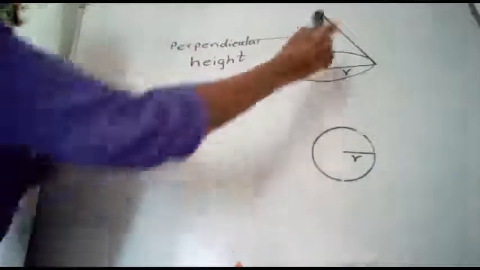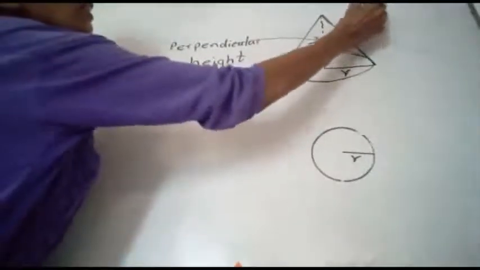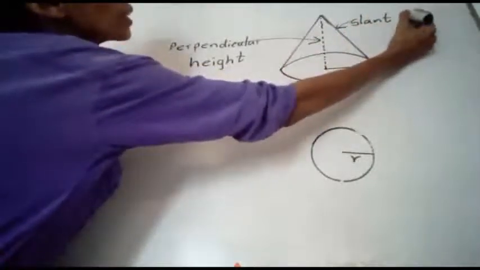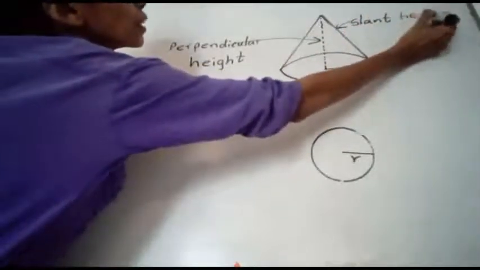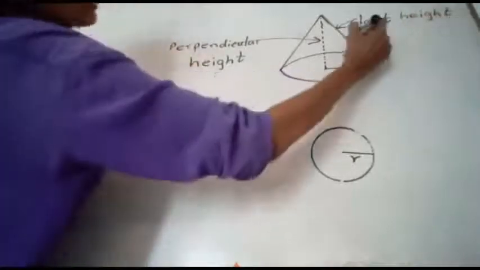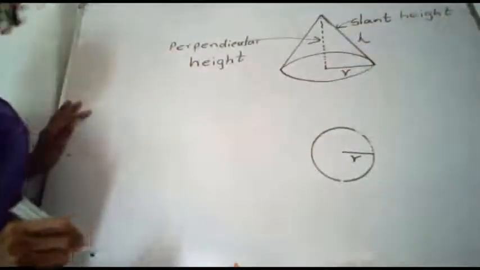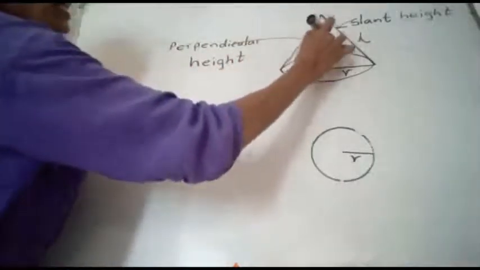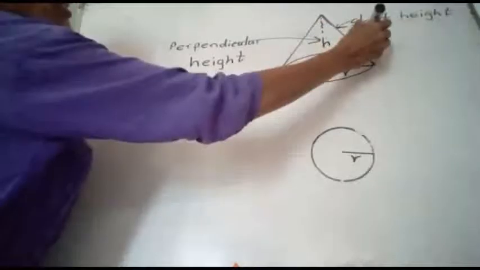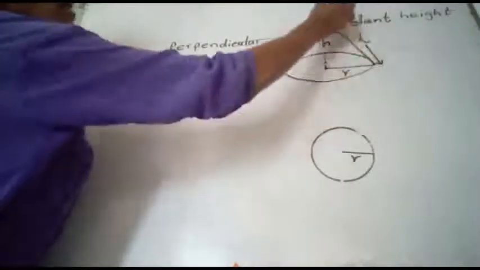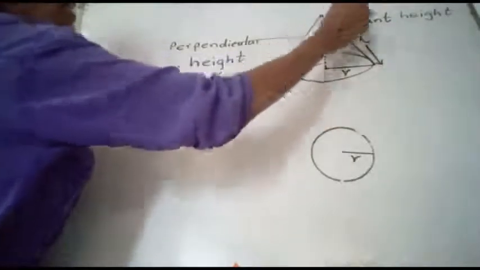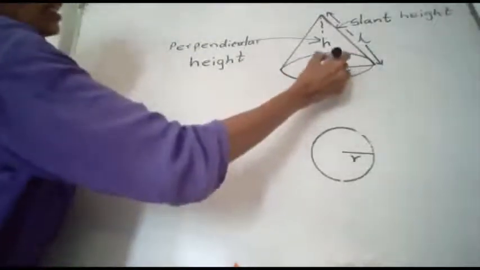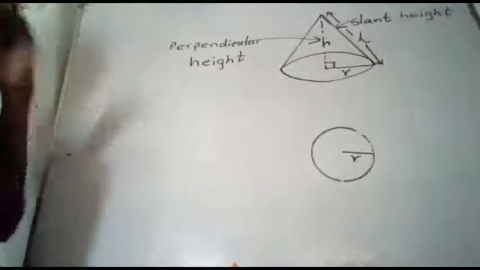Slant height. The perpendicular height we take as h. We take the slant height as l centimeters. Here there is a right angle.